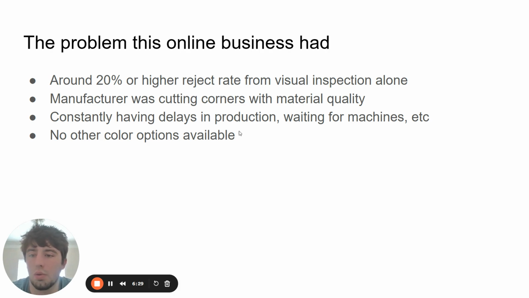The place was kind of a mess in a way. And it was very clear to see what the issue was with why we were getting so many bad parts, why we were having so many issues. They also didn't really have any color options, as far as I know. So we ran into a whole host of issues because of this.